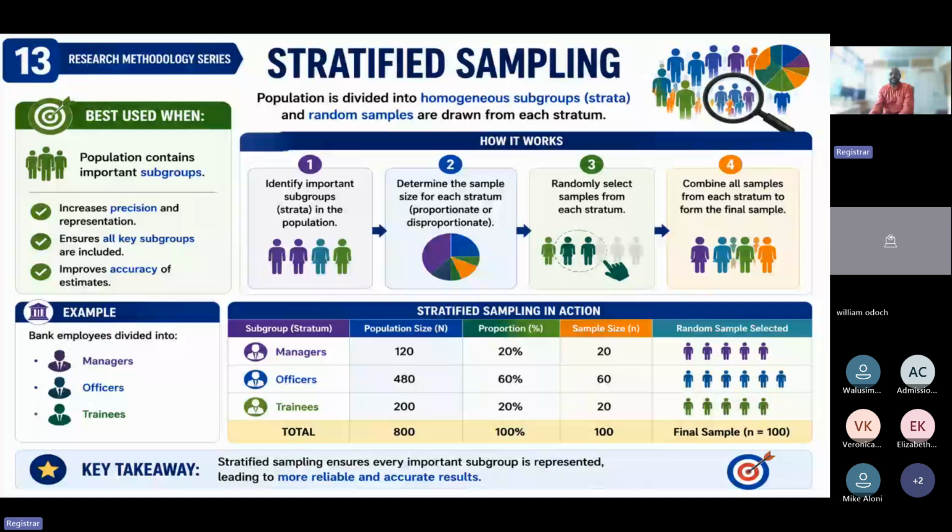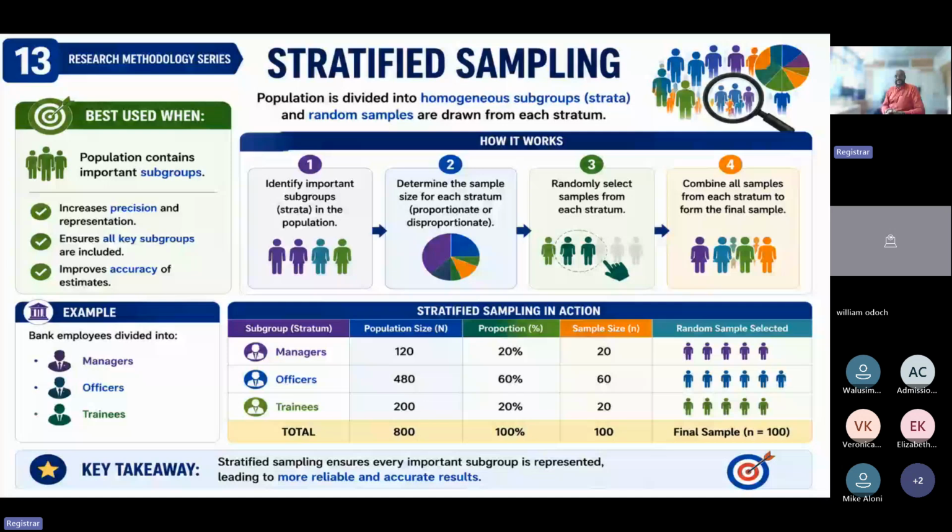That is how you get the number for each stratum and how you draw the sample from each stratum. Say your population size is 800 when you're doing a study on the graduate trainee process in private sector banks of Uganda. In that 800 people, you know that 120 are managers, 480 are officers, and 200 are trainees.